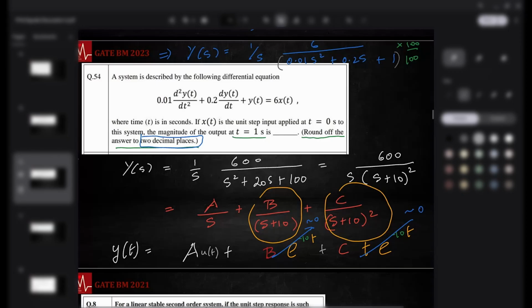Remove the singularity, and evaluate the singularity. That I can do in one step. So here, remove the singularity. 600 by (s plus 10) whole square, evaluate it at the singularity. Evaluated at 0. What is that?